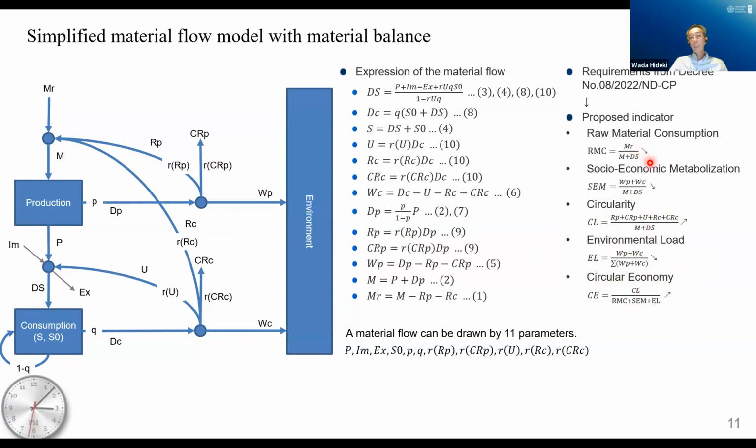RMC must be smaller in the future. SEM must be smaller also. Circularity must be larger in the future. And the environmental load must be smaller in the future. So if we can control these indicators in that direction, then this circular economy rate will be higher.